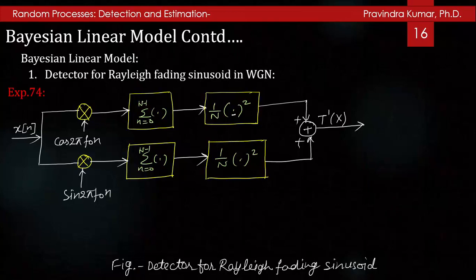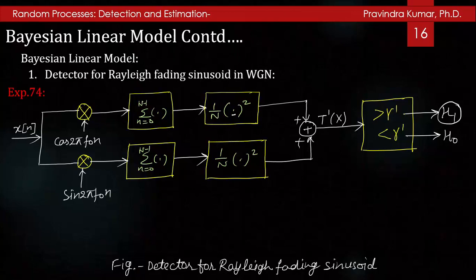After combining these two we get the test statistic T dash X, and then we compare this test statistic with the threshold value. If it exceeds the threshold value, then we consider that hypothesis H1 is true. Otherwise we consider that hypothesis H0 is true.